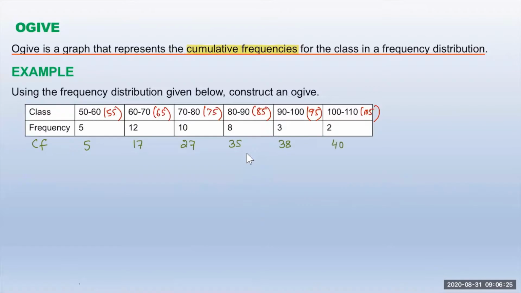So we find the cumulative frequency, because when you draw an ogive, we draw the graph between the midpoint and the cumulative frequency. So let's draw the axes. That's our x-axis, and along the x-axis, as I told you, we'll have the midpoints.